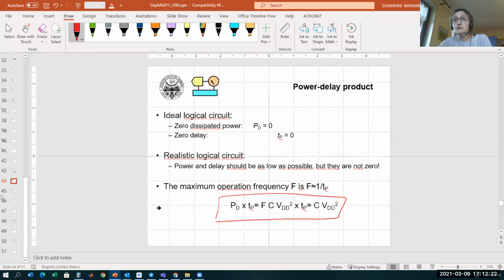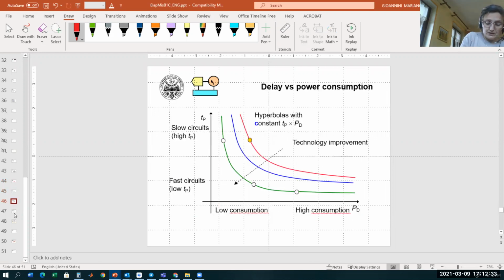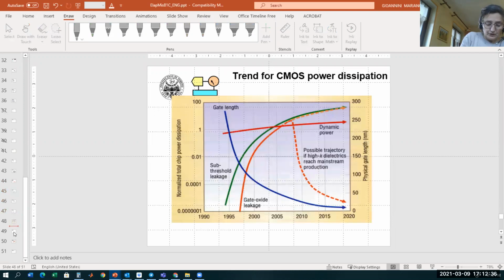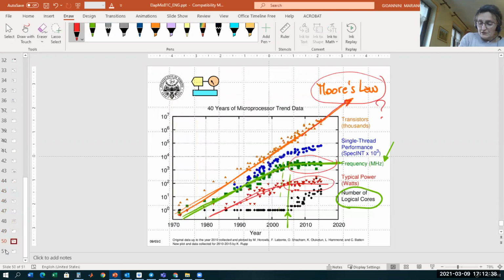Is there any question? The upper limit of the frequency is already there. You can read it here. Now we are at about 2.5 gigahertz or something like that. If you read it here, this is 10 to the 3 megahertz.